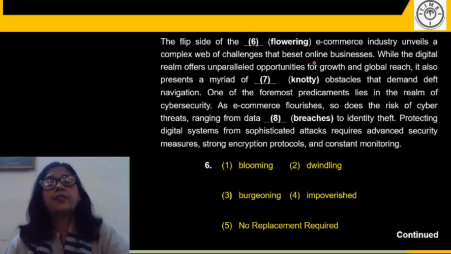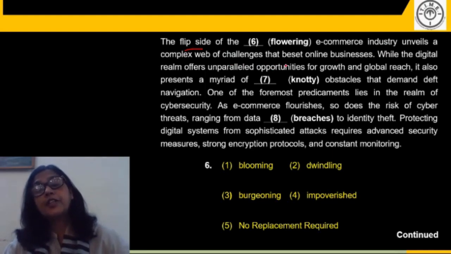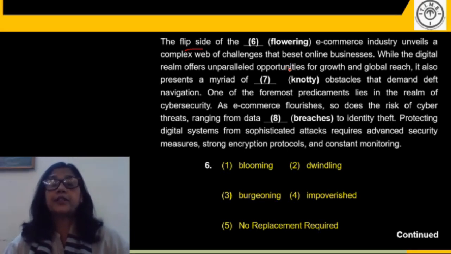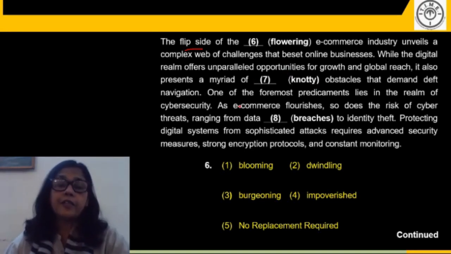The flip side of the dash e-commerce industry unveils a flip side, that means the other side, right? Unveils a complex web of challenges that beset online businesses. While the digital realm offers unparalleled opportunities for growth and global reach, it also presents a myriad of dash obstacles that demand deft navigation.